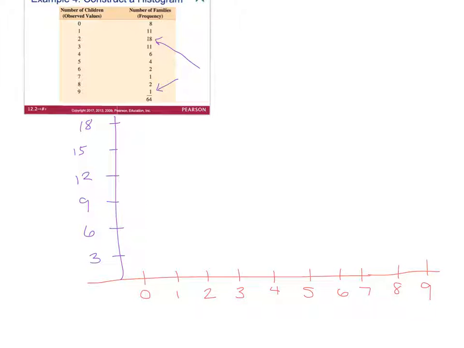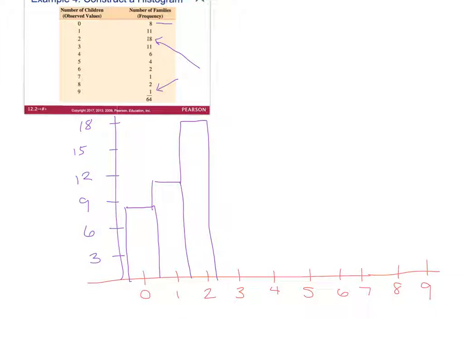And then above each of my observed values, I am going to plot the frequency. The number of families with 0 children was 8, and I'm going to make a bar. The number of families with 1 child was 11. 2 children was 18.